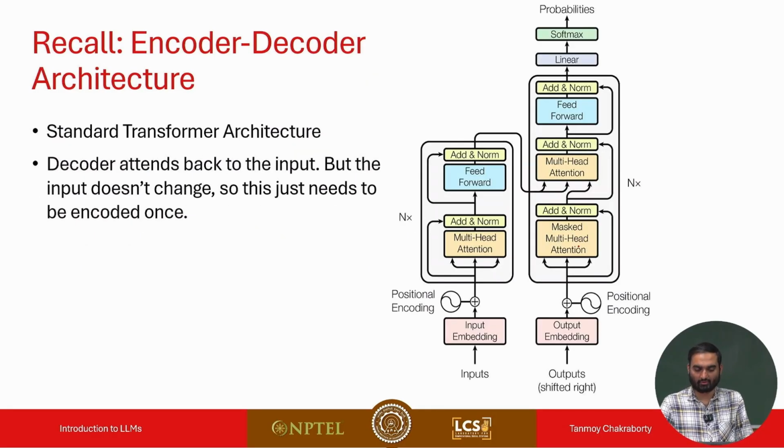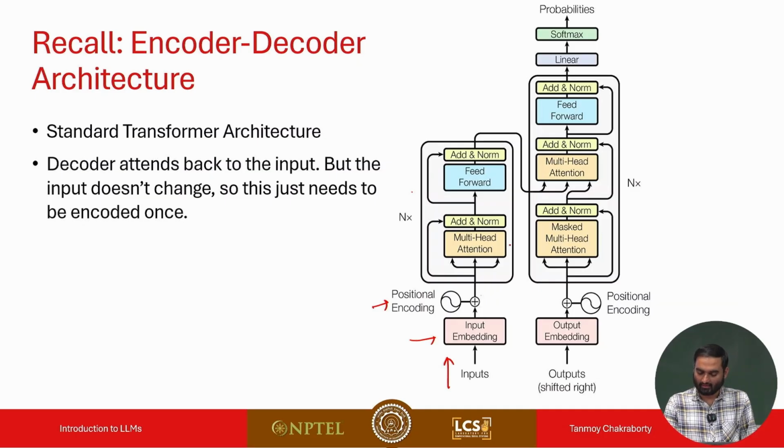Regarding the encoder-decoder architecture, you should remember, this is the vanilla transformer model, right? A quick recap: you have the input, the positional encoding, then you add the positional encoding and the input embedding, and then in the encoder part you have multiple blocks, let's say 6 blocks or 12 blocks.